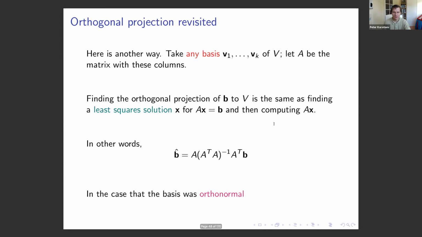And in the case that the basis was orthonormal, A transpose A is the identity matrix, so the equation simplifies.